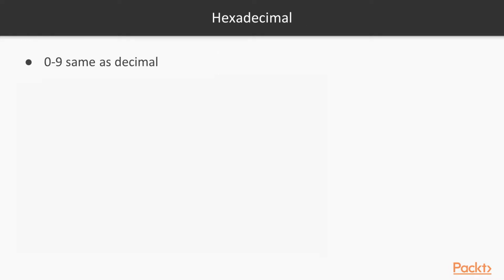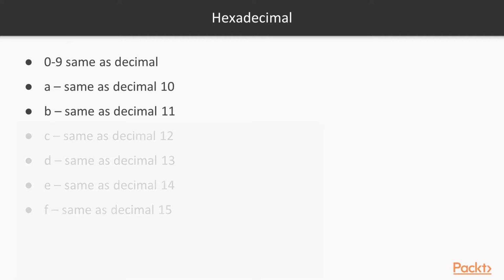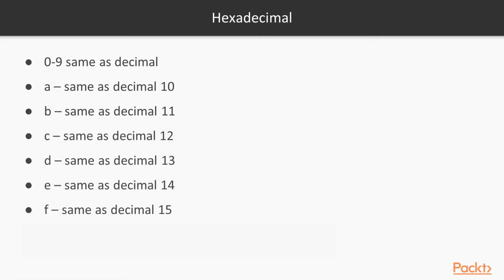If you're unfamiliar with hexadecimal, let me explain. 0 to 9 is the same in hexadecimal as decimal. The next value begins to use letters. A equals 10, B equals 11, up to F equals 15. And at this point the value rolls into the next column.